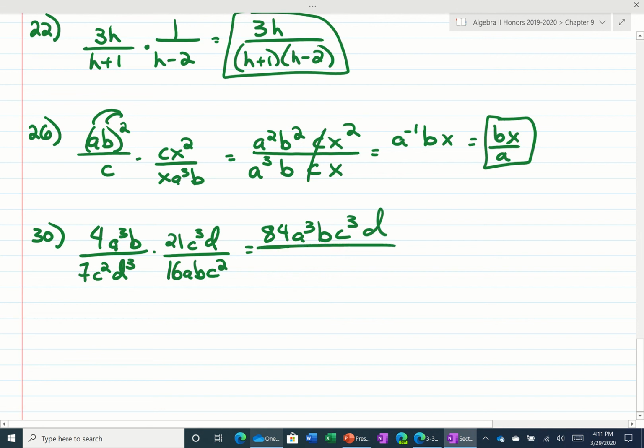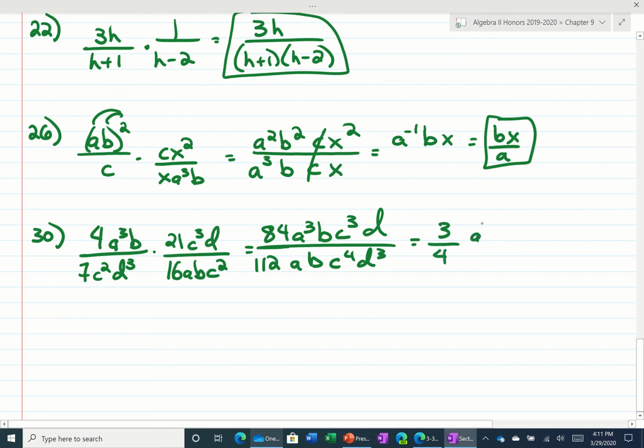I'll write all my variables in the same order. 7 times 16 is 112. a, b, c to the fourth, d to the third. So doing these individually, 84 over 112 is 3/4.